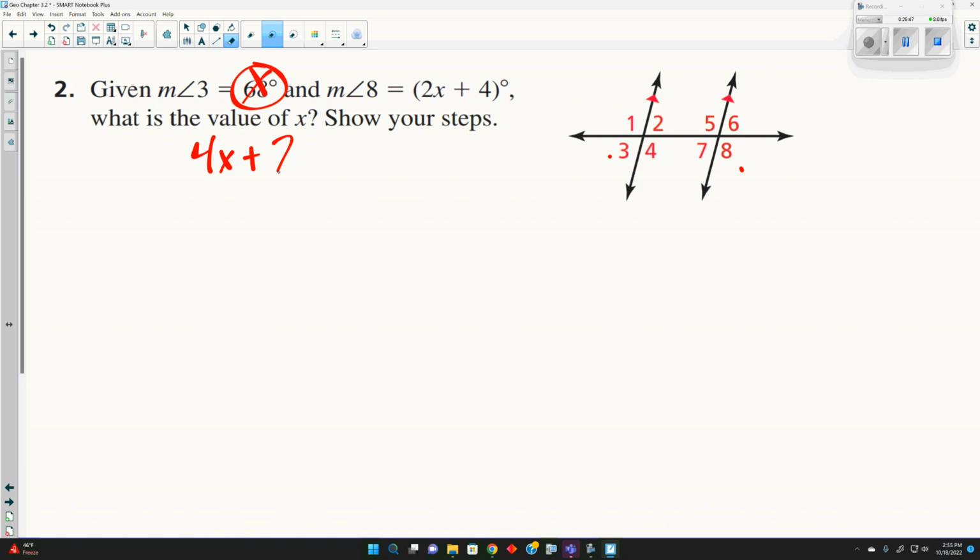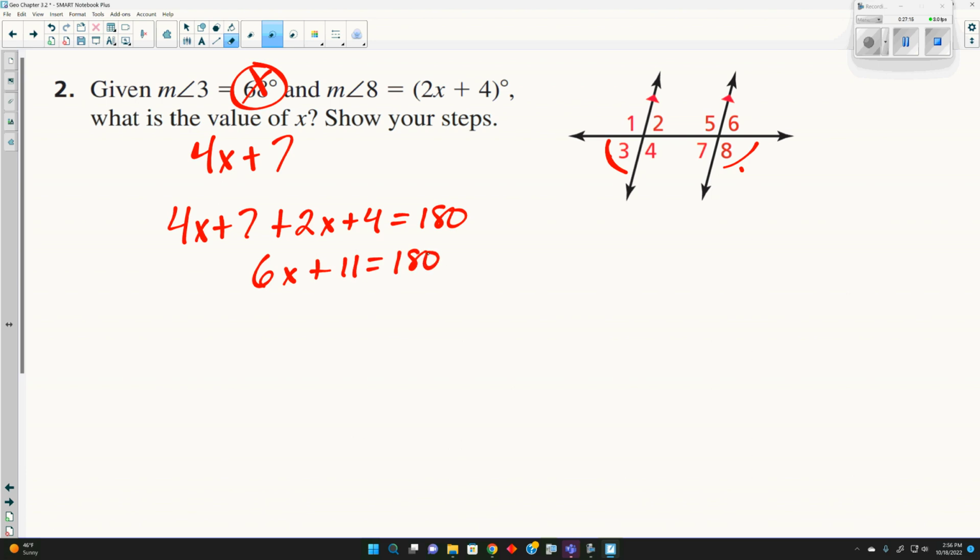We can give 2 equations with variables. Those are consecutive exterior angles, so they're going to add together to be 180. Well, 4x and 2x is.